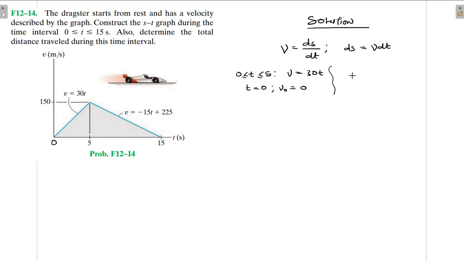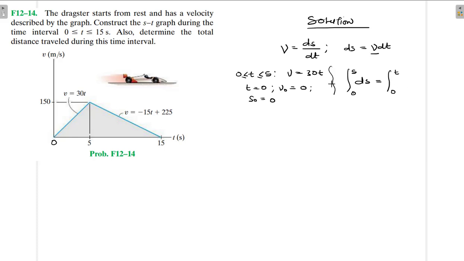Therefore, integrating this from 0 to s, because our displacement also will be equal to 0, is equal to integrating from 0 to t.